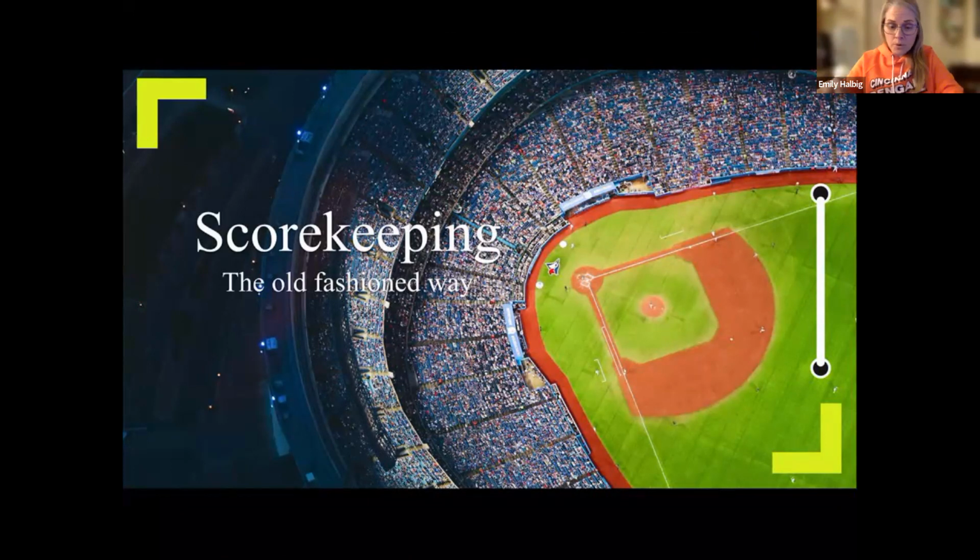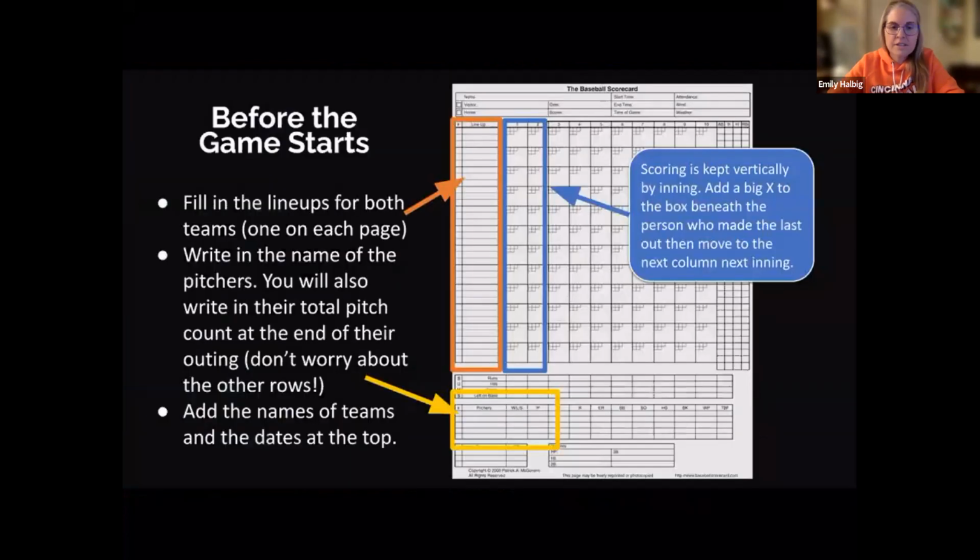I'm going to give you the link to this slideshow right now in the chat, and if you want to open it on your device or just have it later, you can refer to it later. So this is what a scorecard looks like, more or less. They're a little bit different in different books.